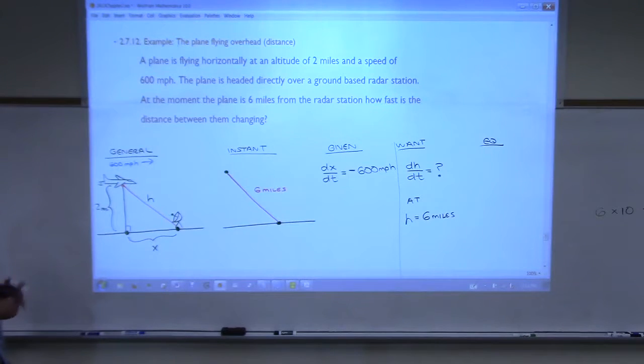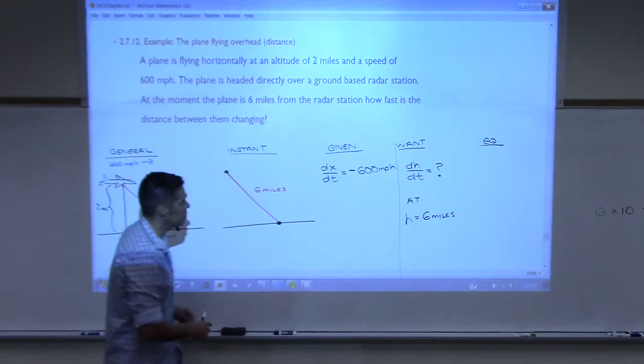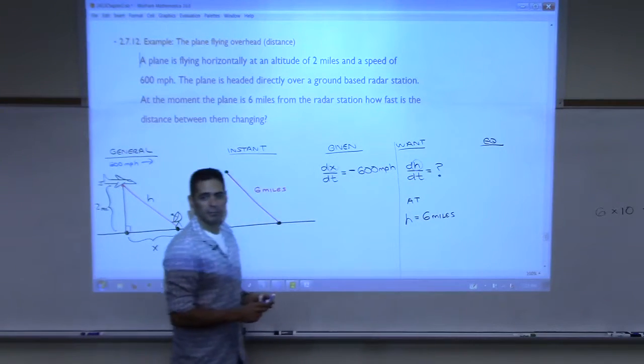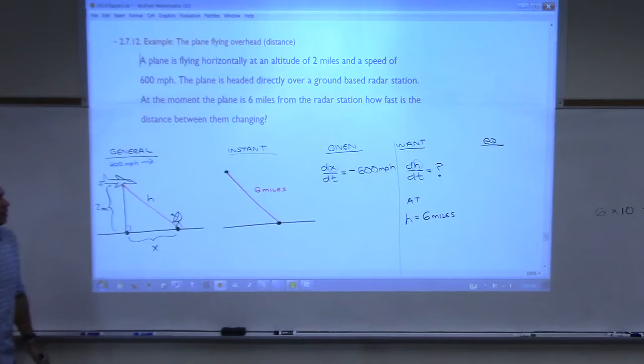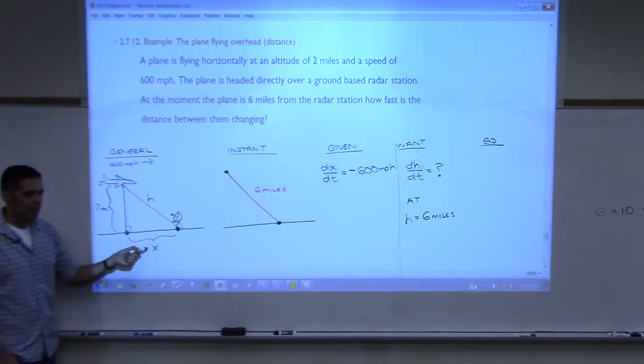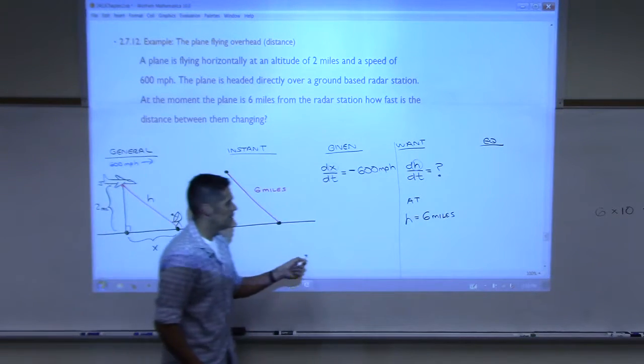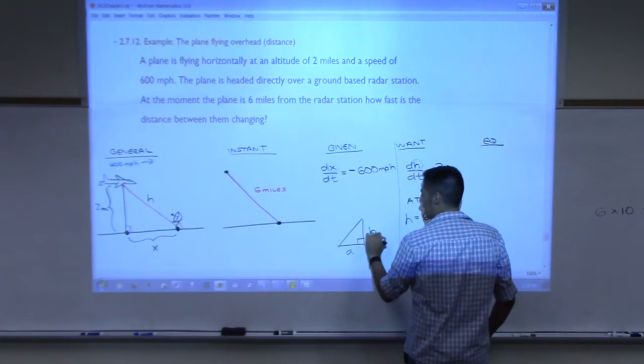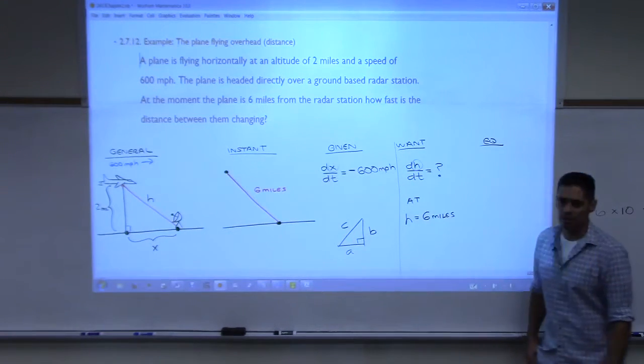Okay, that's it. We should have enough here. If you can come up with an equation that relates these two together, h and x, off your general picture. Pythagorean identity? Remember, for any right triangle, a, b, and c, a squared plus b squared is c squared.